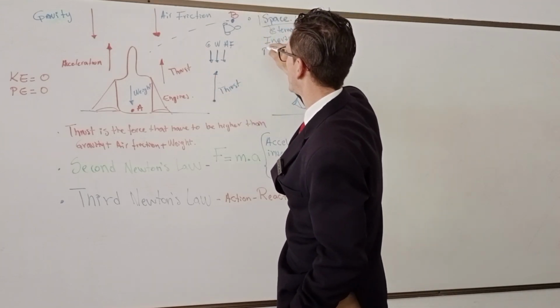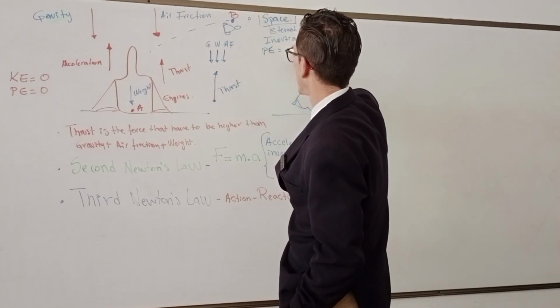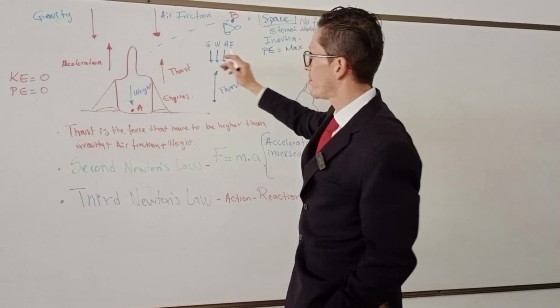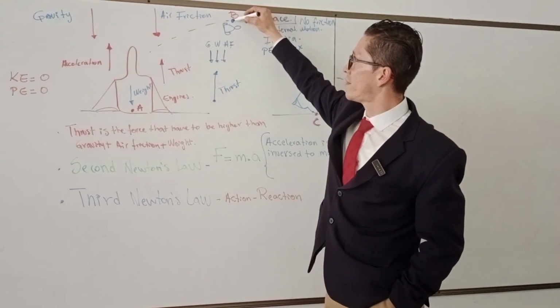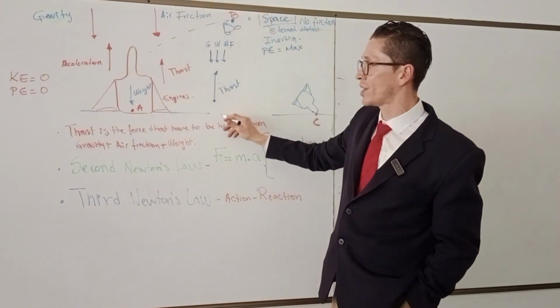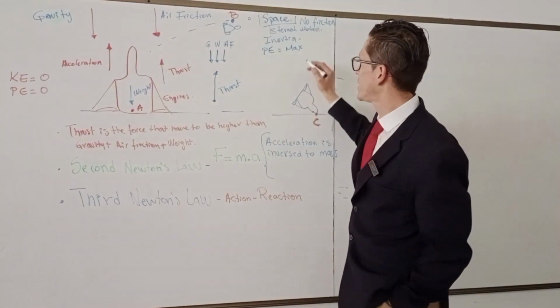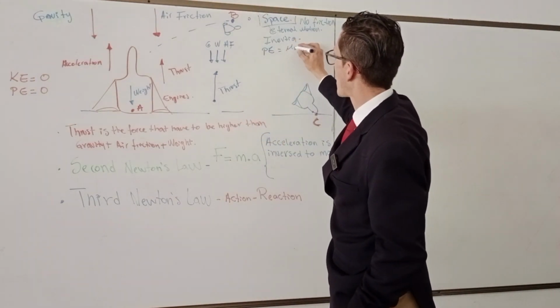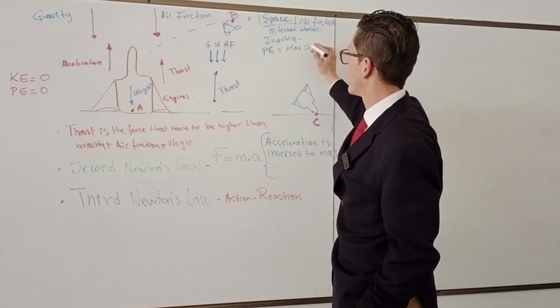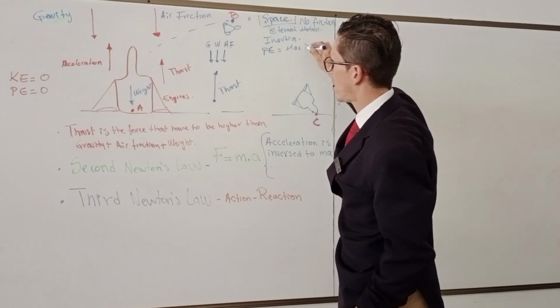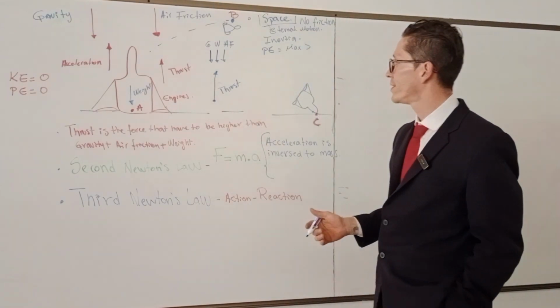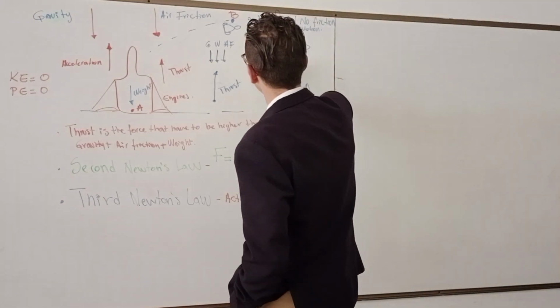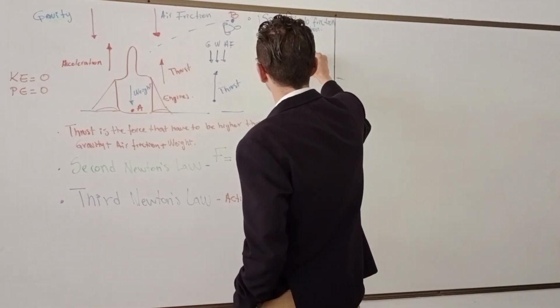Here, the potential energy is maximum, right? Because it has the maximum weight amount relative to the ground, and it is increasing because the distance will be higher. And the kinetic energy is maximum as well.